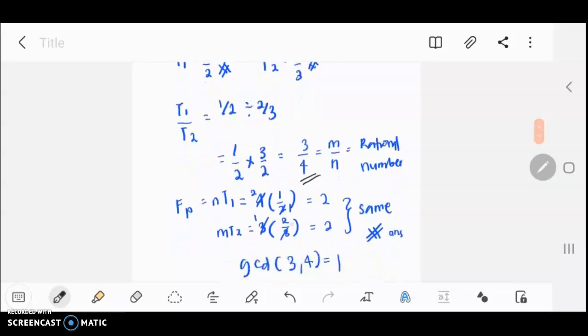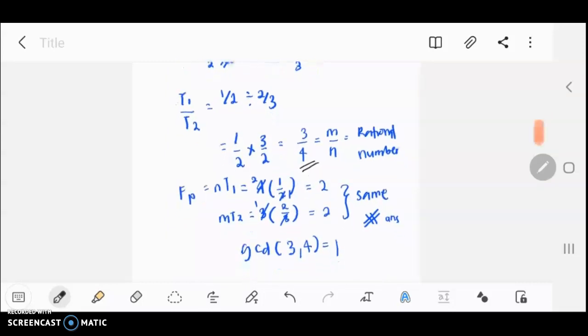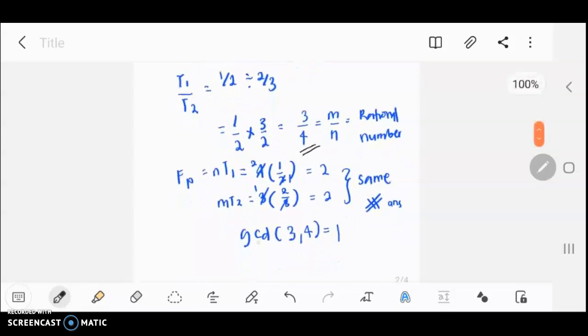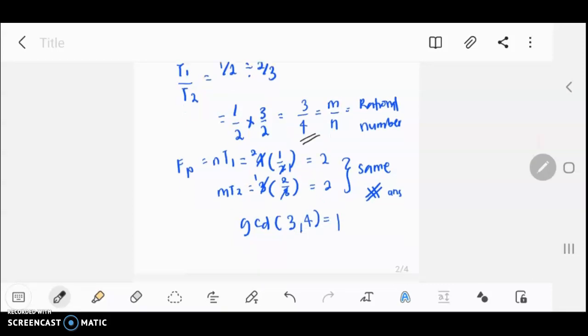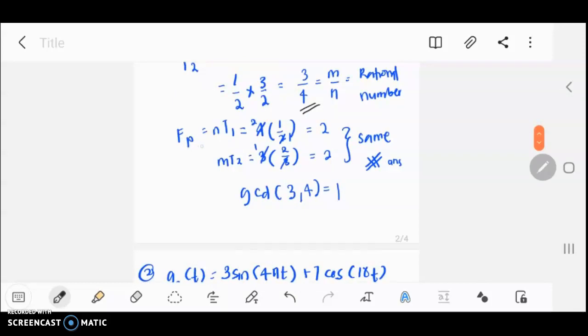So it's already proven. Now we're just going to use the GCD, substituting GCD(3, 4) equal to 1. So therefore, this is the fundamental period. N T1 is equal to 2, M T2 is equal to 2. So it's the same, so it's proven.